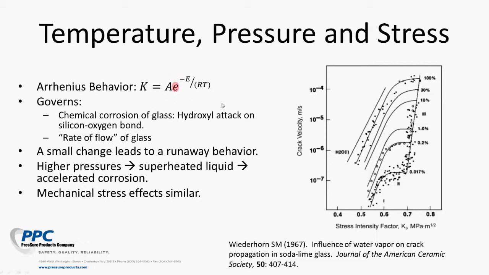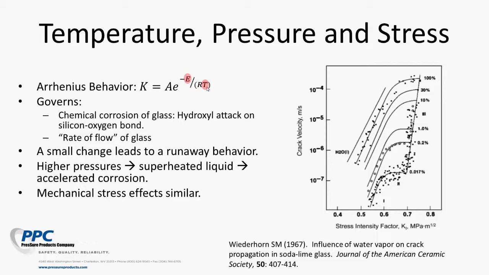Exponential right here. Okay. Now, even if you're not mathematically inclined, I'm sure you've come across the expression that something increases exponentially. The variables we care about are this E right here and this T. The T is the temperature, and this exponential captures the observed behavior of hydroxyl attack on glass in a quantitatively accurate manner, and how corrosion rate varies with stress and temperature.